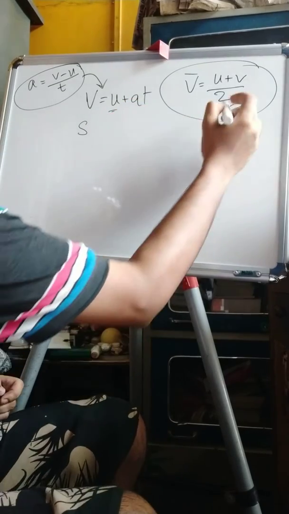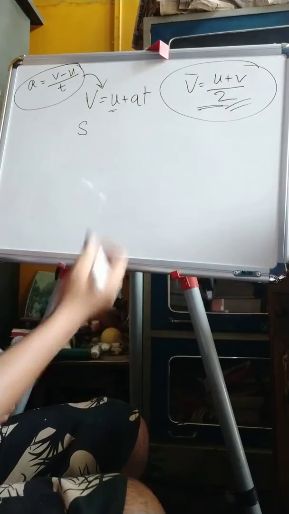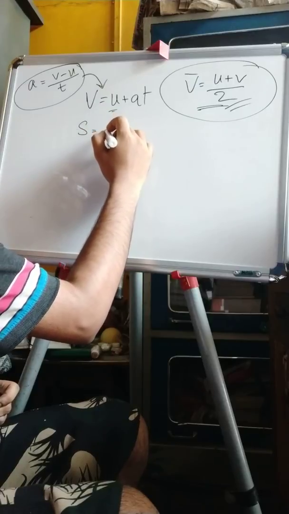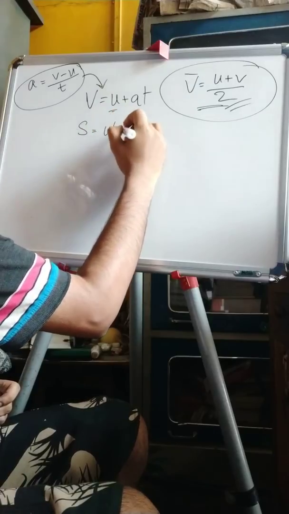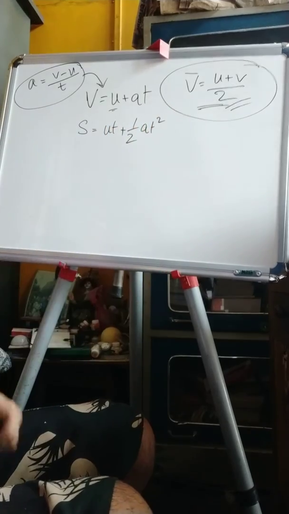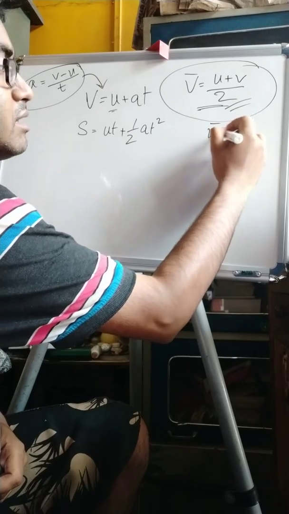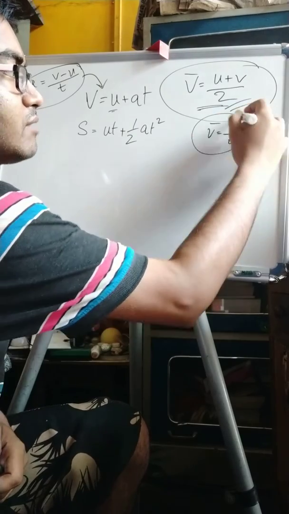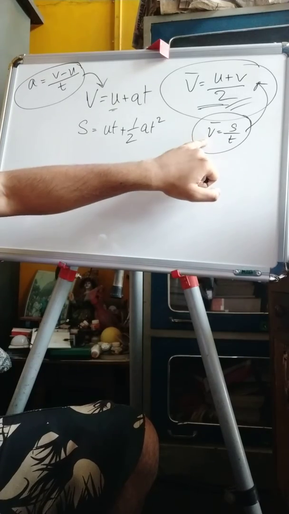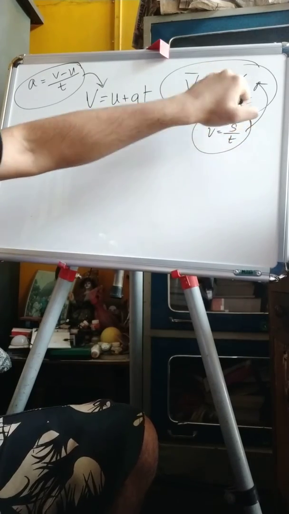Now using this formula we have derived s equal to ut plus half of at square, because average velocity is again s by t. Since v bar is equal to s by t, and v bar is also u plus v by 2, this is equal to this.